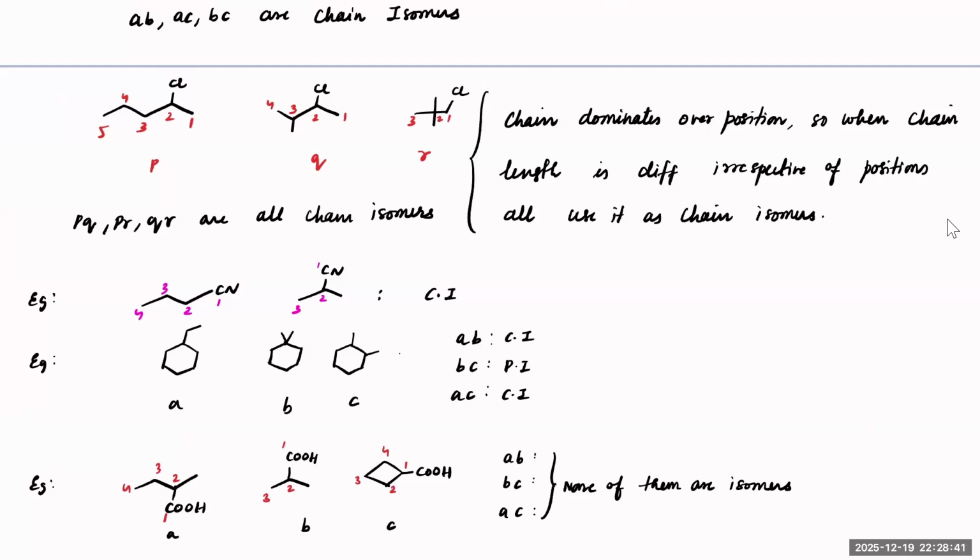The chain length has been changed means that itself is becoming chain isomers. You will not see anything with respect to the position of chlorine, irrespective of the position of any other groups there.